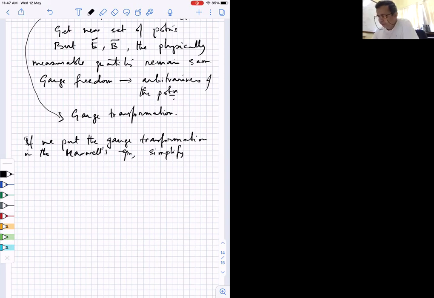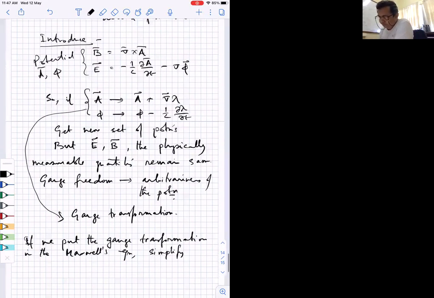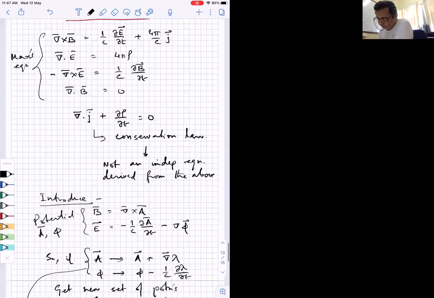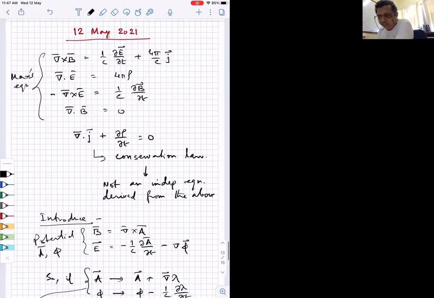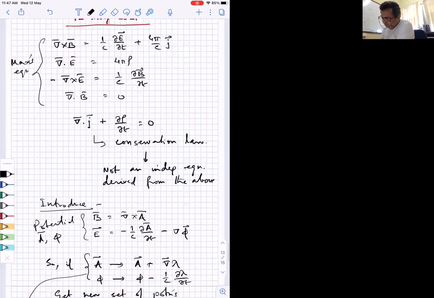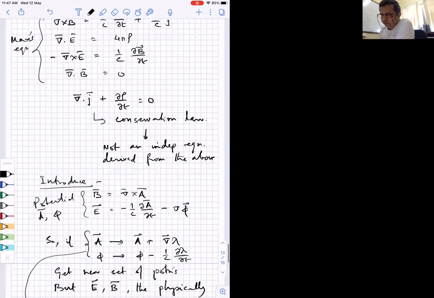So now we have the Maxwell's equation. So curl of B, where B is curl of A. This E will be in terms of your A and phi. So basically put it over there.